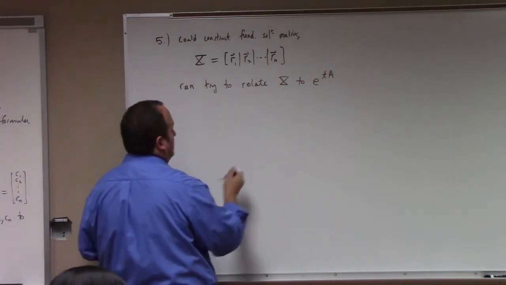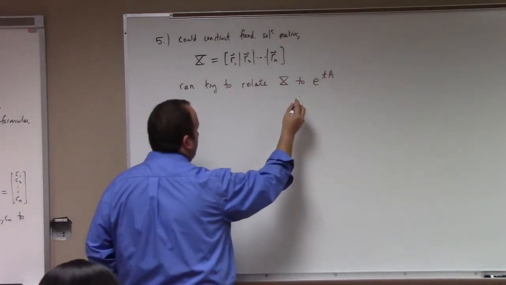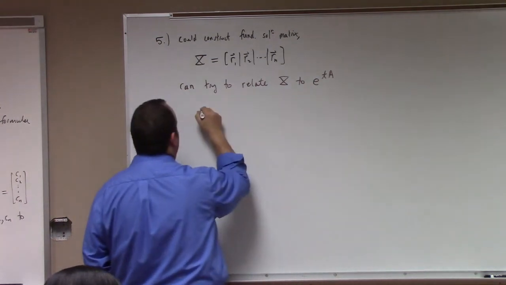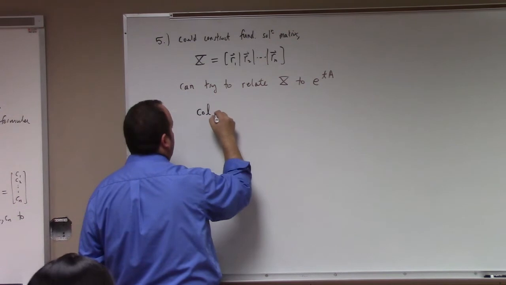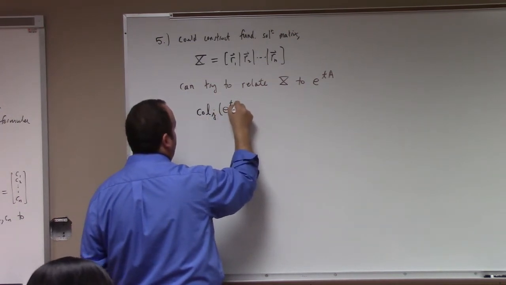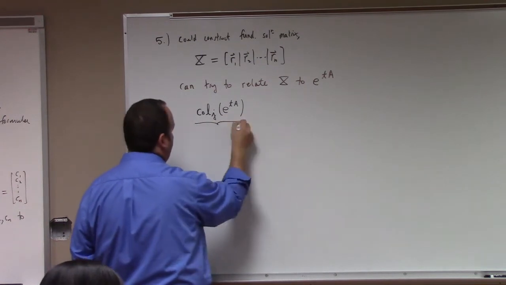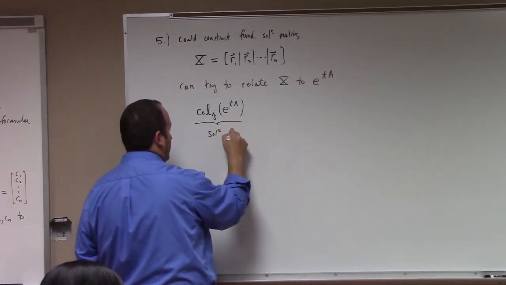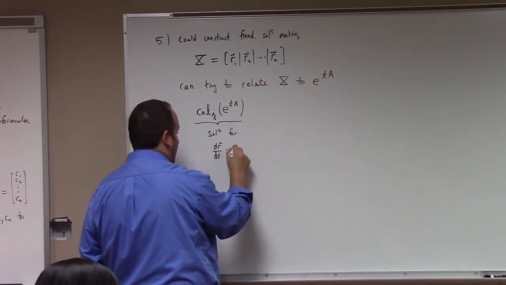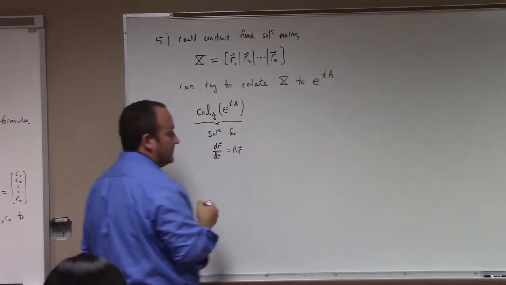So check this out. If we say, well, how about this? The jth column in the matrix exponential is a solution for dr/dt = Ar, right?